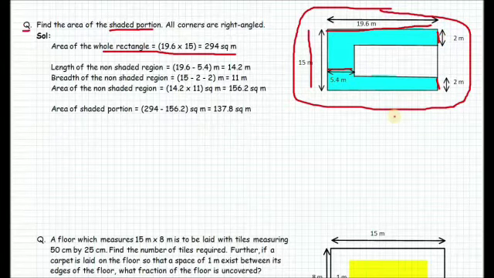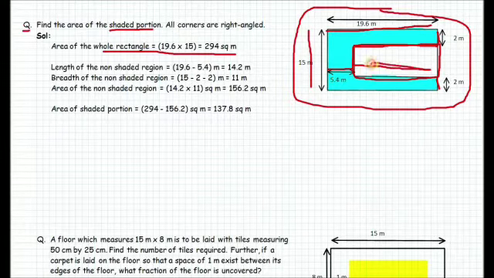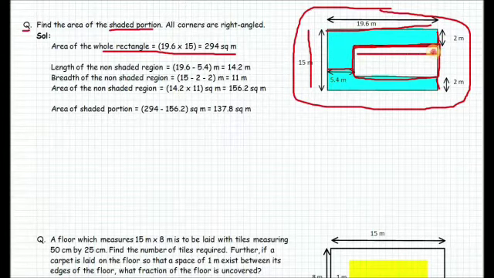Now from that area, if we subtract this non-shaded region, then we will get the area of this shaded region. Yes or no? So what we will do, actually we will find the area of this non-shaded region. Now I am shading it. Yeah, so you can see the length is what?